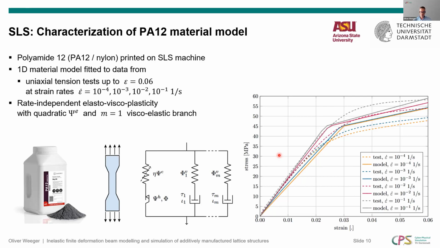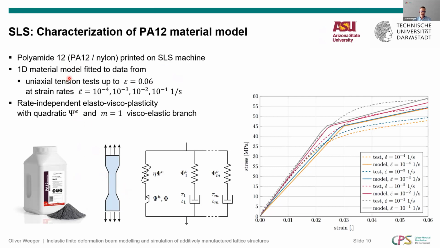identify the parameters of the material models that we want to use now in the beam theory. And therefore, we started with the collaboration with the guys from Arizona State University that I mentioned in the beginning, who fabricated some tensile samples using an SLS machine from PA12.